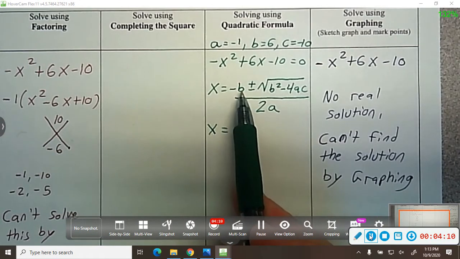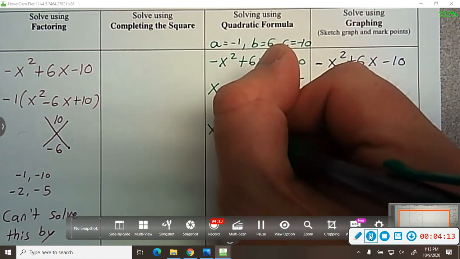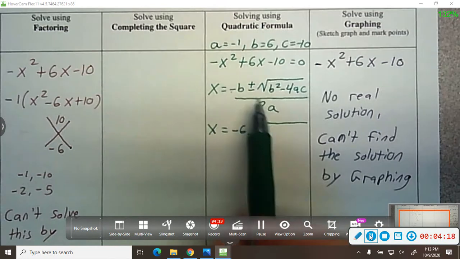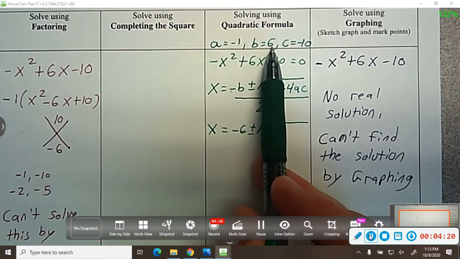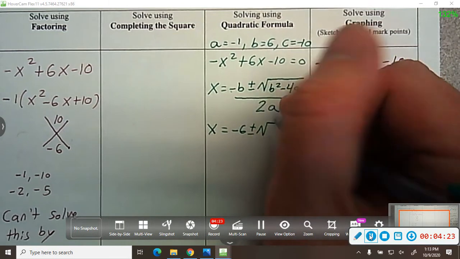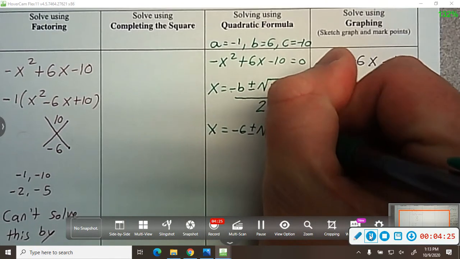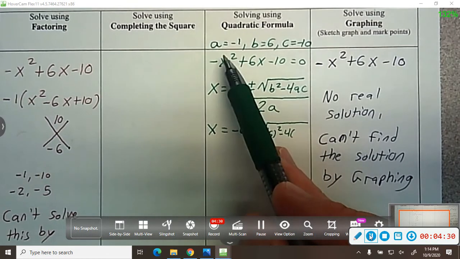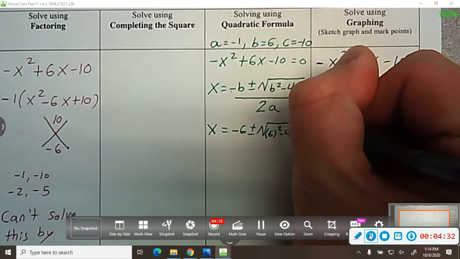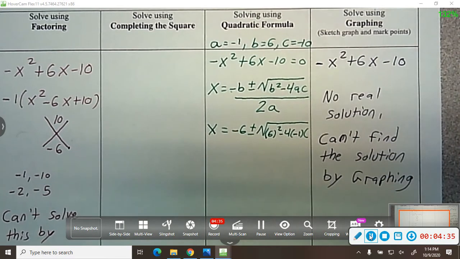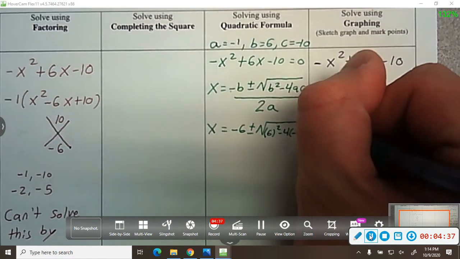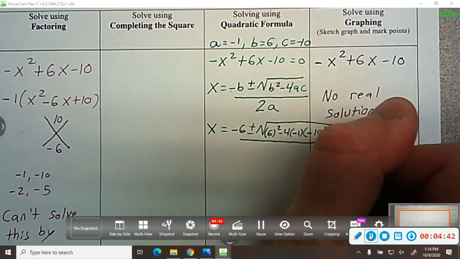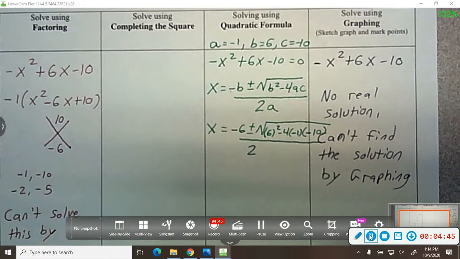So negative b, that'd be negative 6, plus or minus the square root of b squared, so 6 squared, and then a is negative 1, and c is negative 10, all over 2 times a, and a is negative 1.